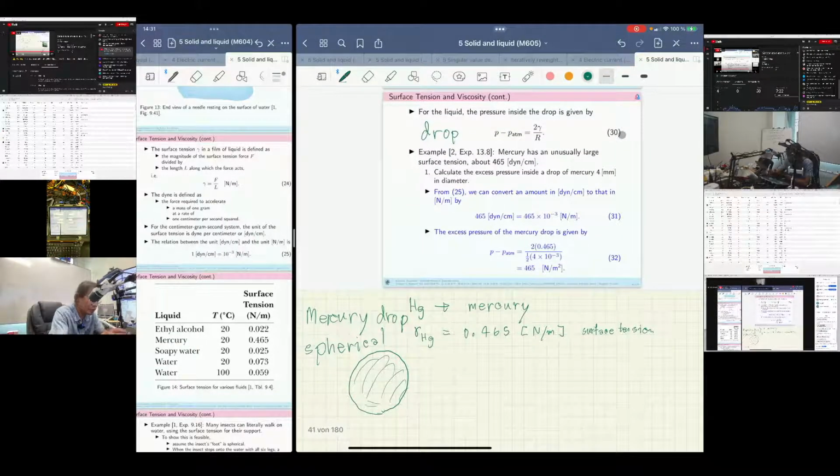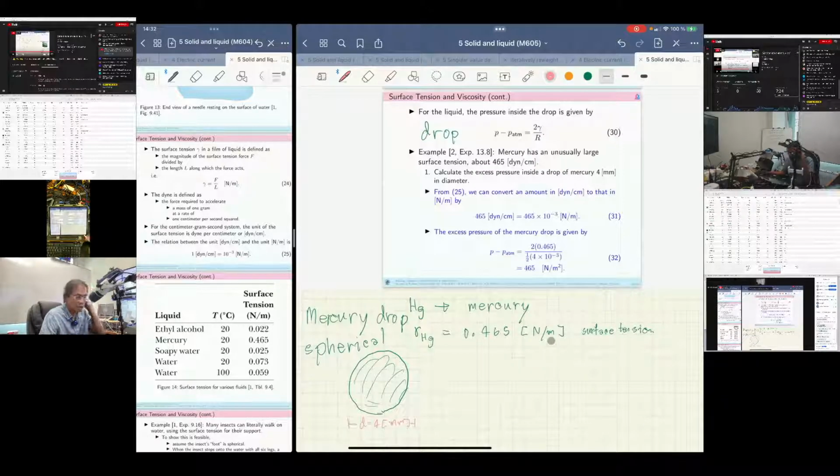What they have provided is the diameter D, which is 4 millimeter. That's the diameter of this mercury drop, and the surface tension is 465 dyne per centimeter, which is equivalent to 0.465 in SI scale, Newton per meter.